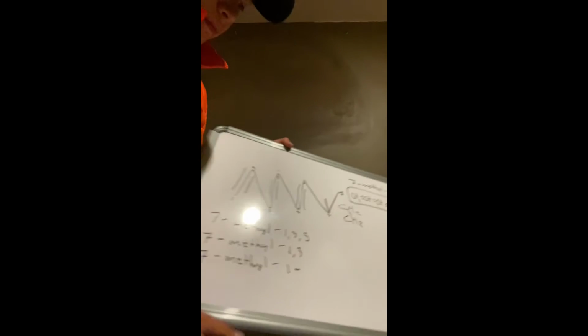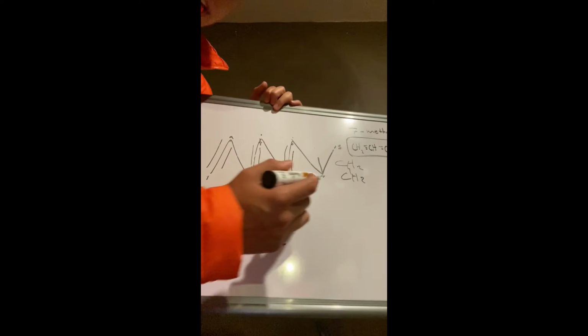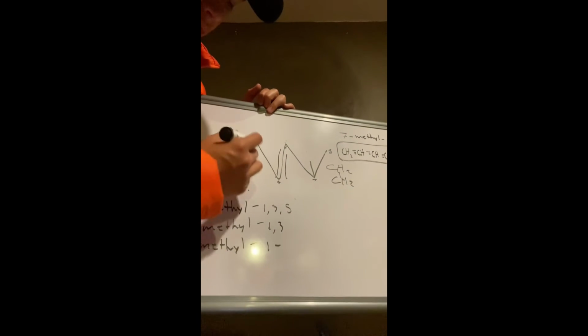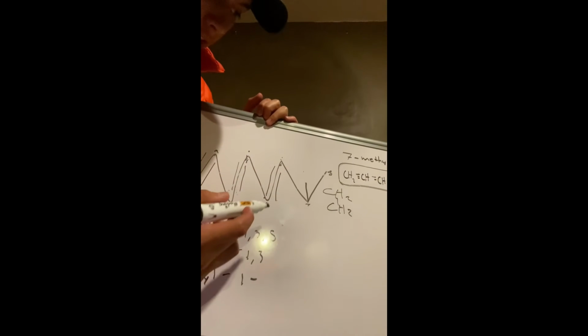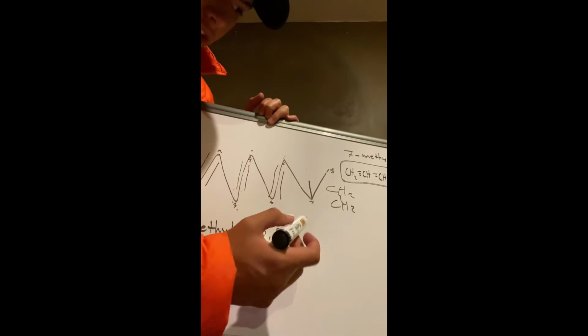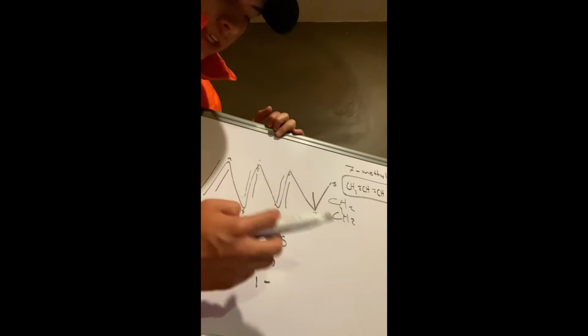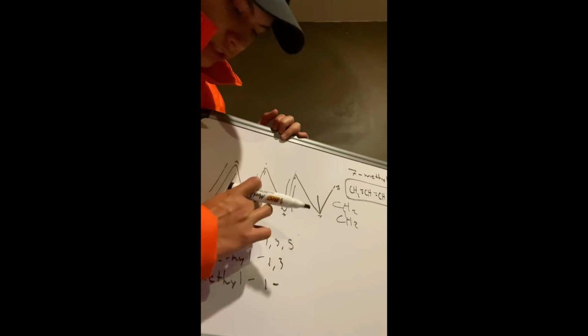Octatriene with ENE, and not octatriyne with YNE, because we have double bonds right here. It is octa because our carbon chain is made of 8 carbons. Let me erase this right here.